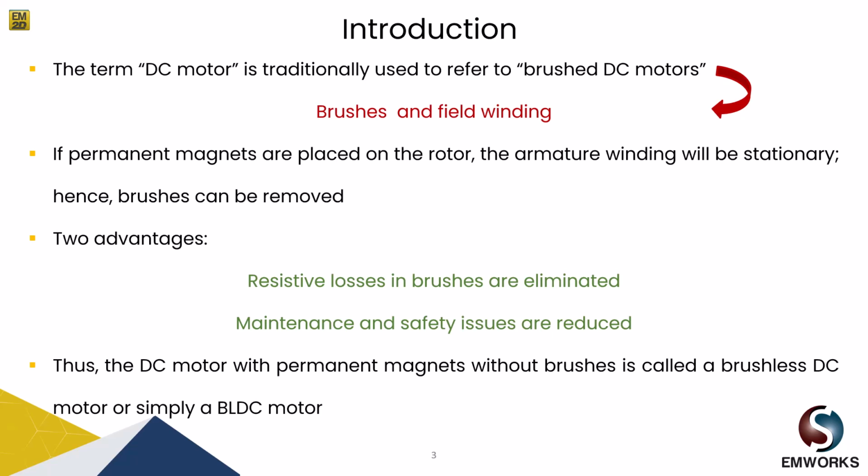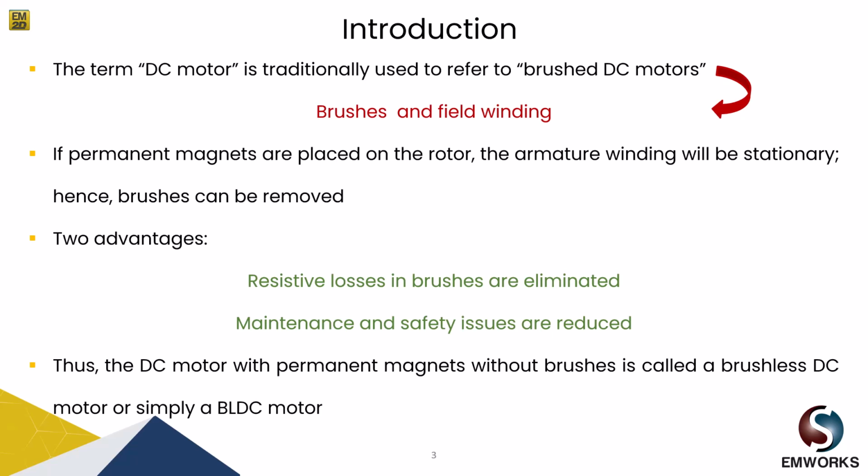There has been a significant improvement in permanent magnet technology in the last few years. The permanent magnets are alloys like neodymium iron boron, which is nothing but NdFeB, and samarium cobalt that have become popular in recent years. Now, if permanent magnets are placed on the rotor surface, the armature winding will be stationary and hence brushes can be removed.